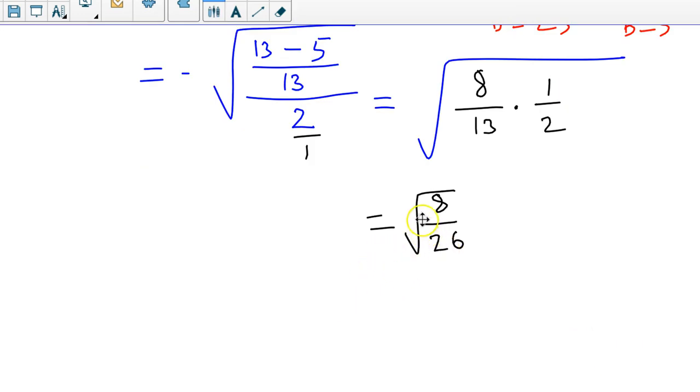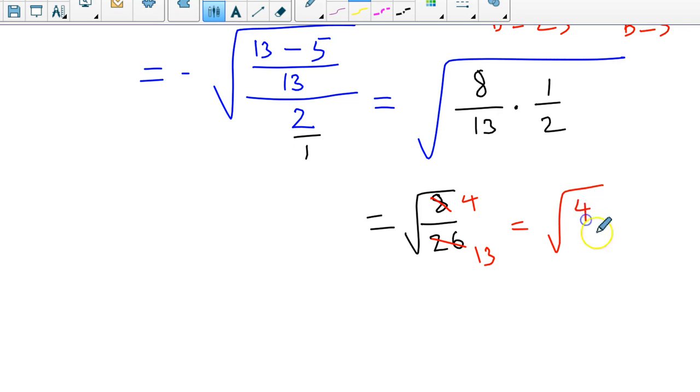Now here we see that both the numerator and denominator are even numbers, so we can simplify. 2 divides 8 four times, and 2 divides 26 thirteen times. So the square root of 8 over 26 changes to 4 over 13.